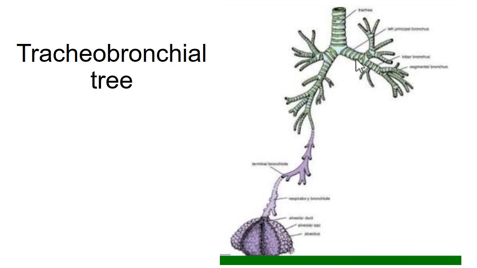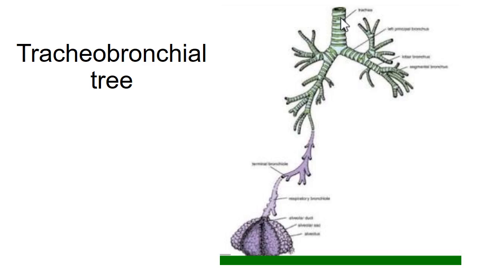Coming to the left main bronchus, it is about 5 centimeters long. It is longer, narrower and more oblique than the right bronchus. The right bronchus makes an angle of 25 degrees with the tracheal bifurcation, while the left bronchus makes an angle of 45 degrees with the trachea.